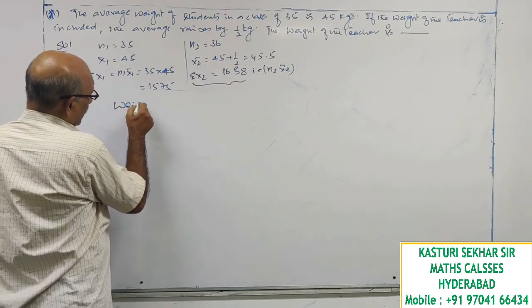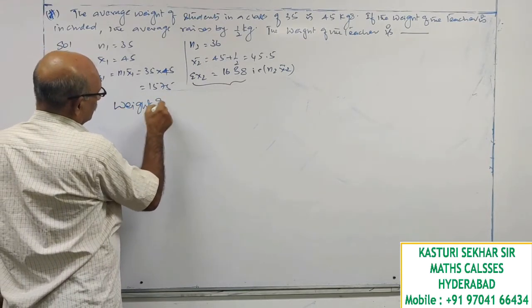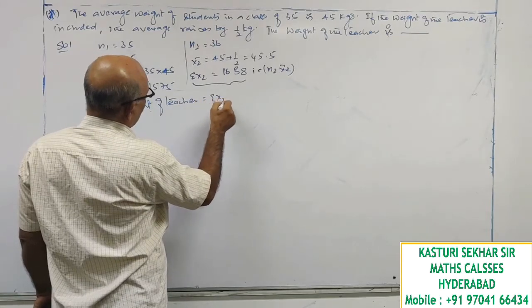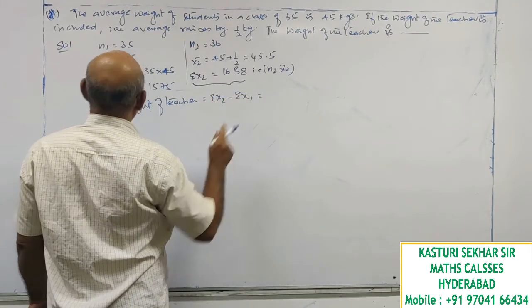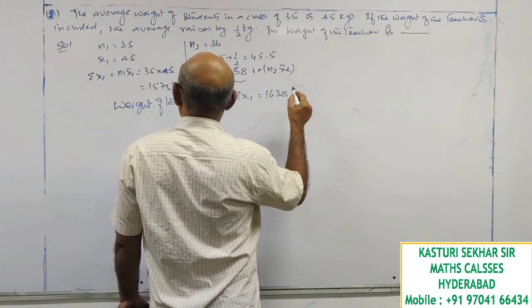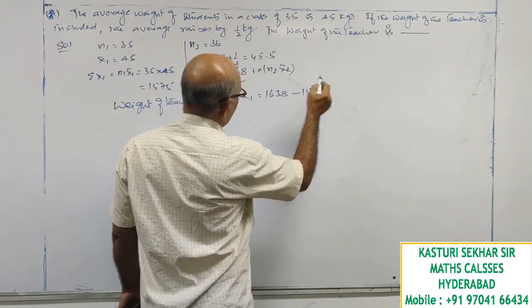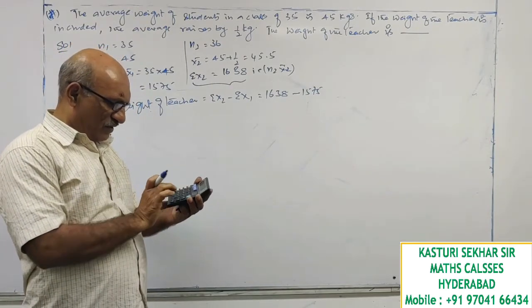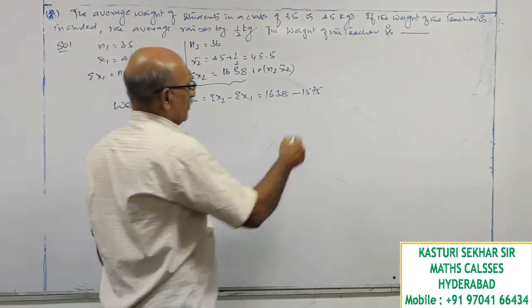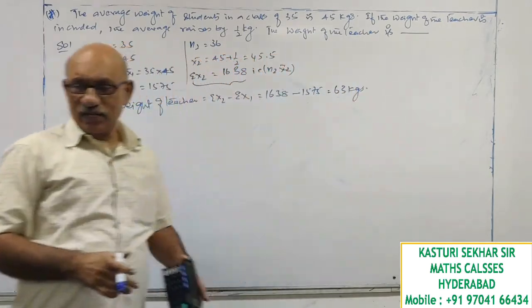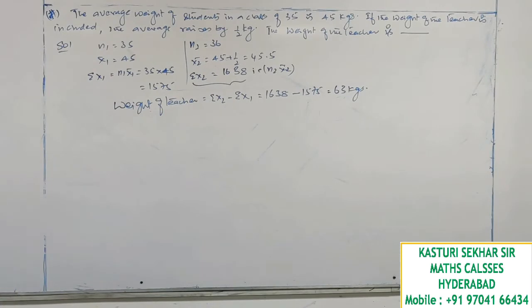So weight of teacher is equal to summation of x2 minus summation of x1. 1638 minus 1575, 63 kilograms. Teacher's weight is 63 kilograms.